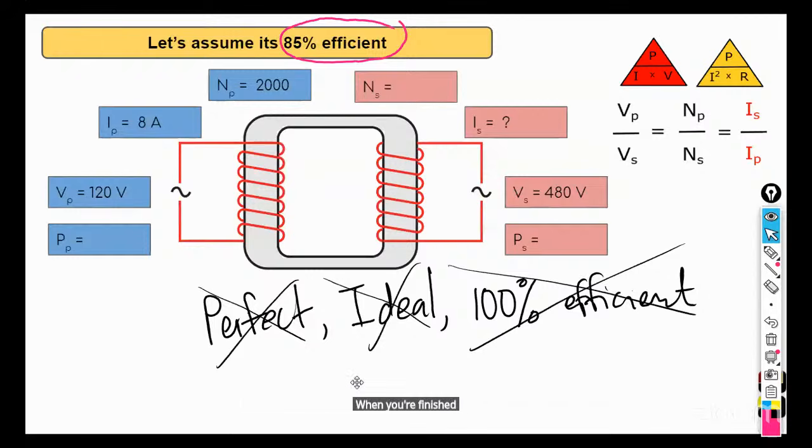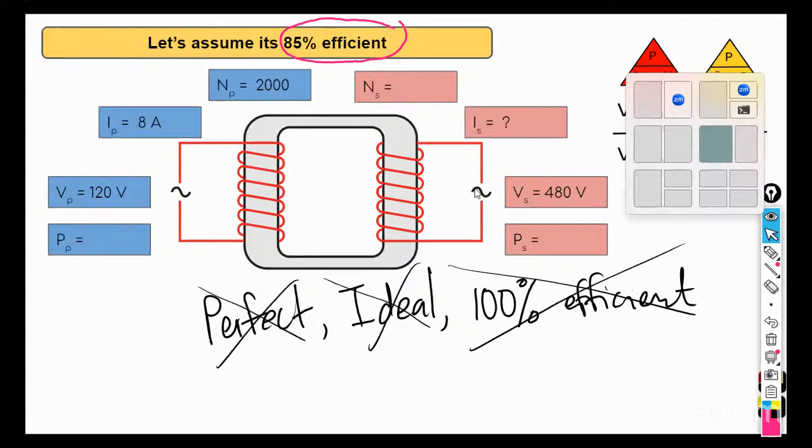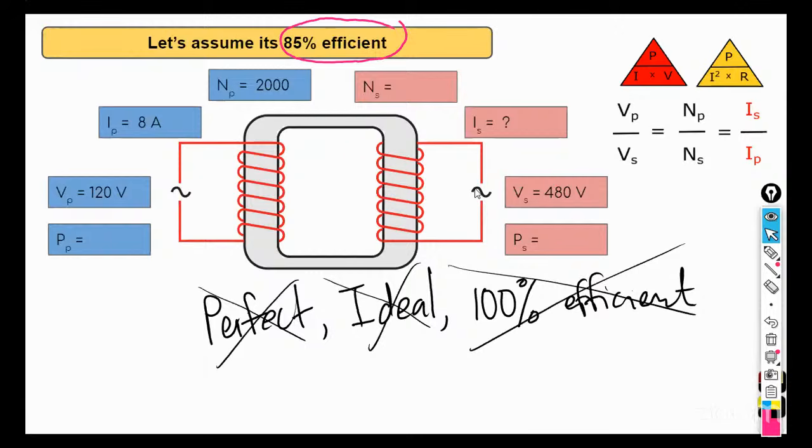When you finish, just raise your hands and we'll get started. Not more than 20 seconds again.